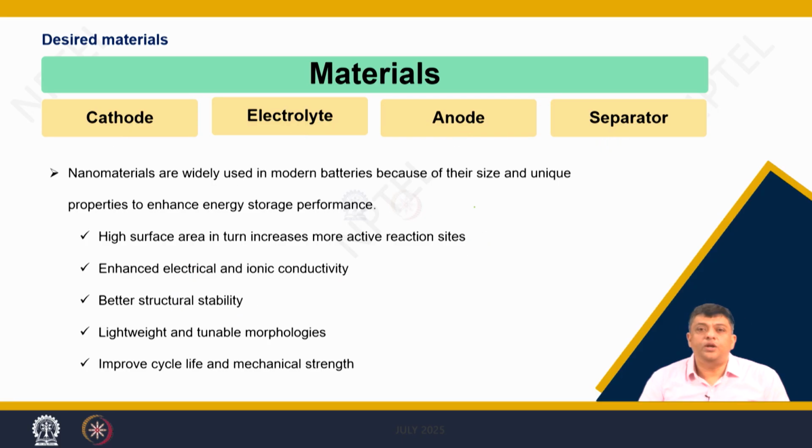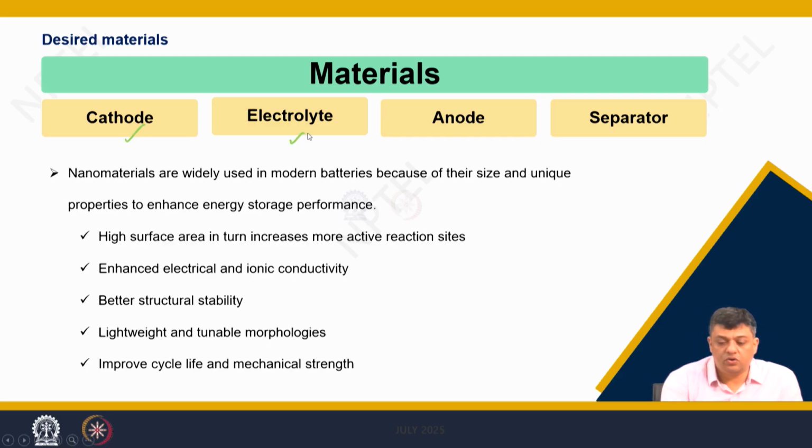So, if you look into the materials which are used to fabricate these batteries, what do you get? You have cathodes, you have electrolyte, anodes and separators. We know, and we have been seeing for the last nearly 10 weeks, that nanomaterials have the intrinsic advantage of high surface area, which in turn gives you a higher number of active sites where the redox reactions can take place.